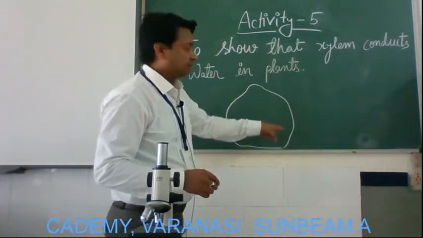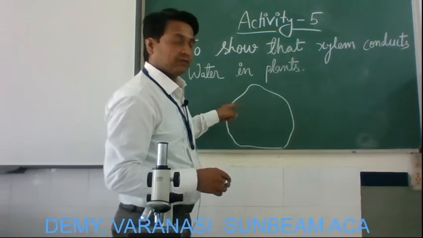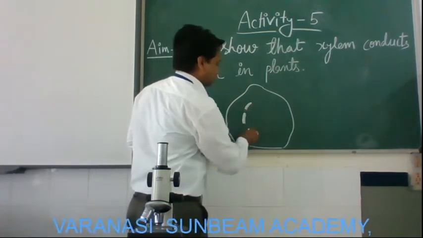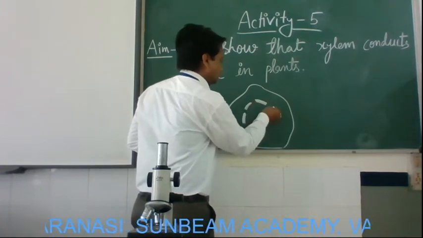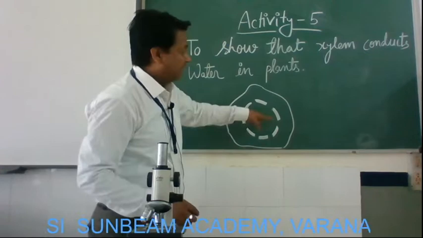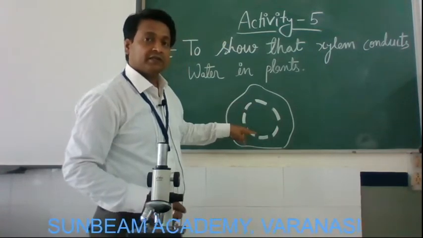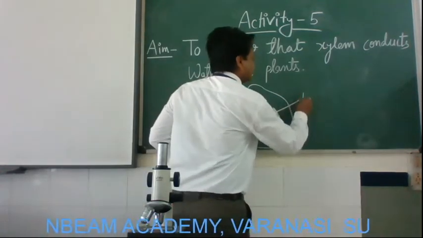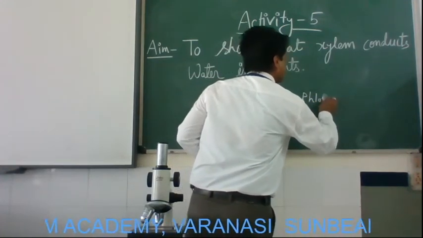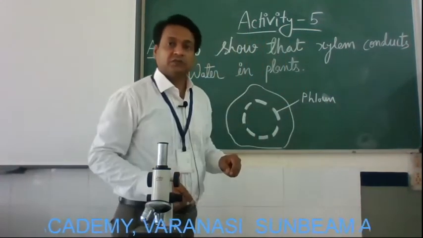This is the outer surface of the branch. Inside that, a band-like structure is present, that is phloem tissue.